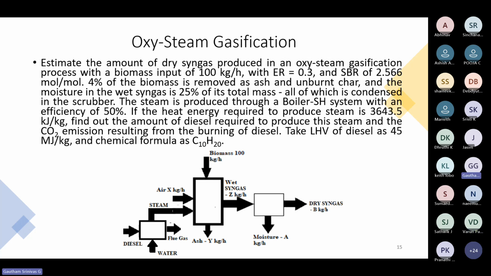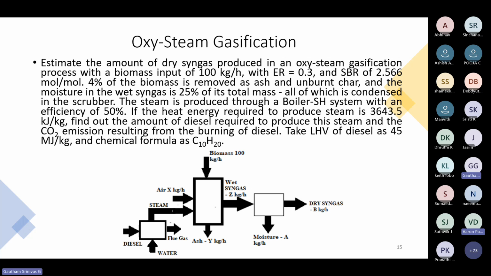How does that translate to mass? 1.05 into 32, divided by 23, which is 1.46. So that is 1.46 for 1 kg of biomass stoichiometric.